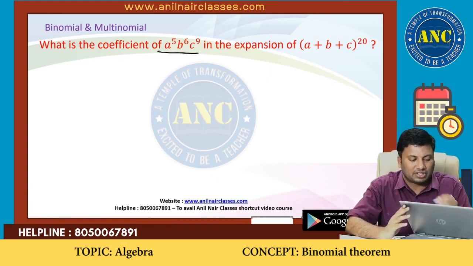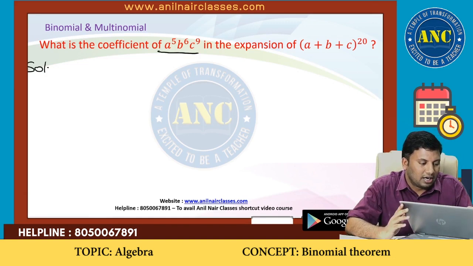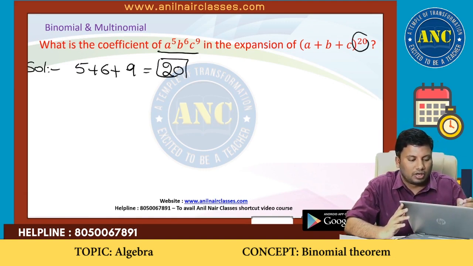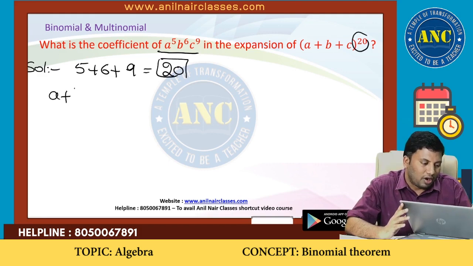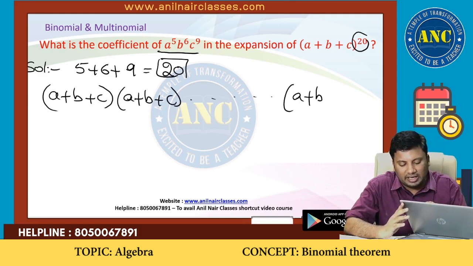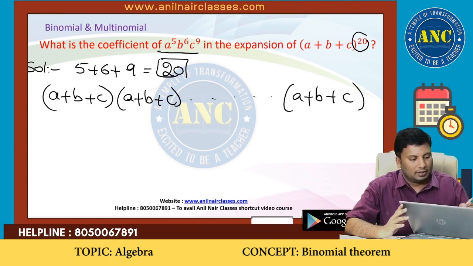Find the coefficient of A power 5, B power 6, C power 9. Listen carefully. 5 plus 6 plus 9. It should be equivalent to some degree that is present. So, once more I am explaining, A plus B plus C. A plus B plus C. Total 20 times I am multiplying.